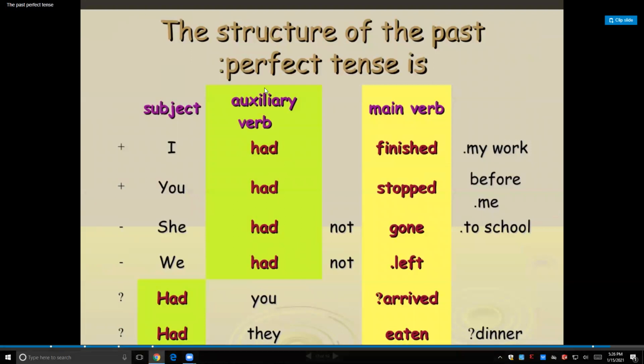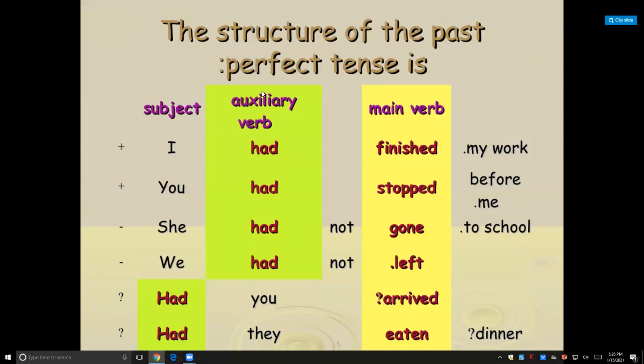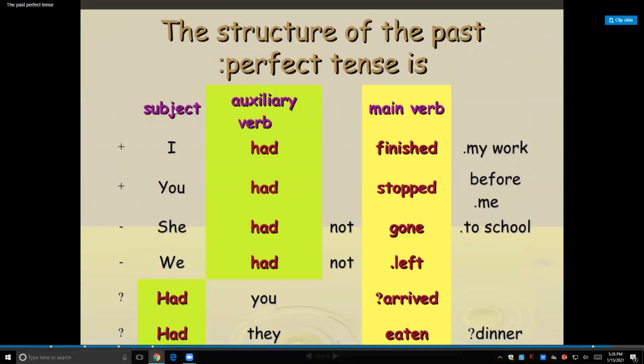Now what is the structure of past perfect tense? As I've already explained, we have a subject, then an auxiliary verb, and then the past participle form of the verb. Now, what is the auxiliary verb in past perfect tense?